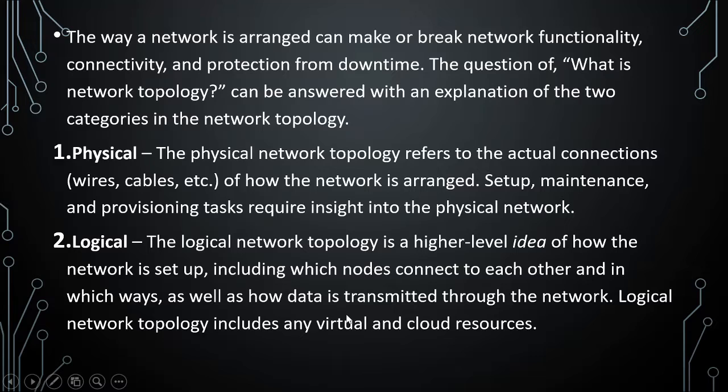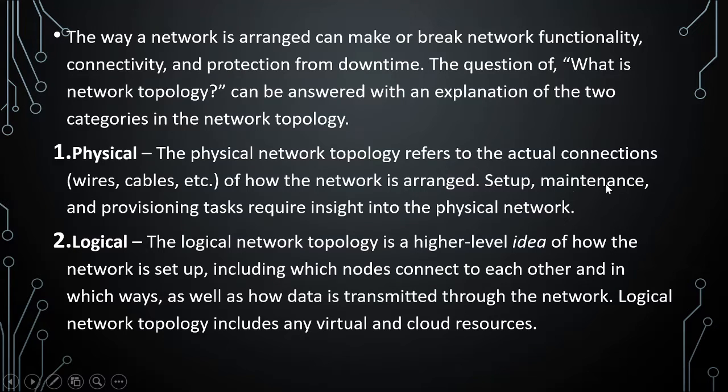The way a network is arranged can make or break network functionality, connectivity, and protection from downtime. The question of what is network topology can be answered with an explanation of the two categories in network topology. First is the physical category. The physical network topology refers to the actual connections, the wires, the cables, etc., of how the network is arranged.